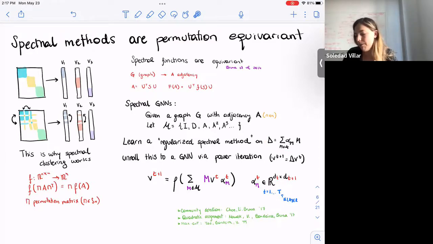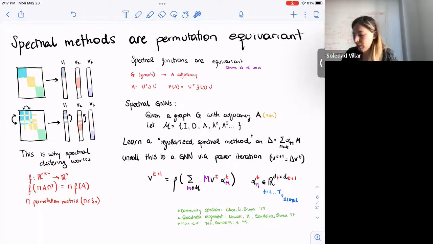And then there's a standard way you can construct a class of functions that parameterizes a spectral method on these regularized Laplacians.